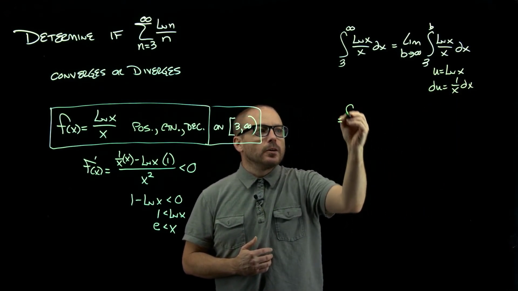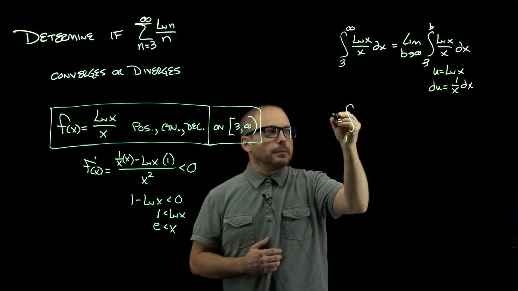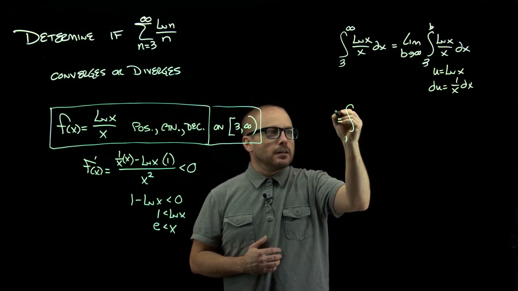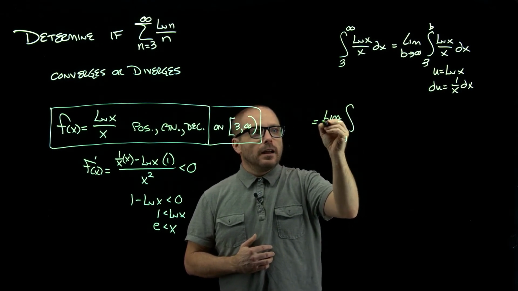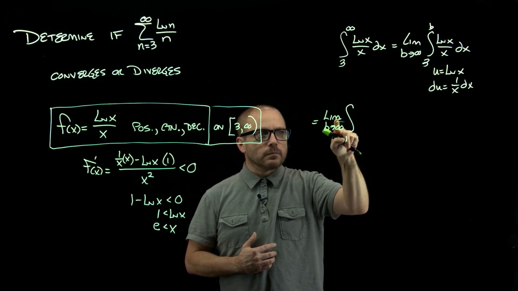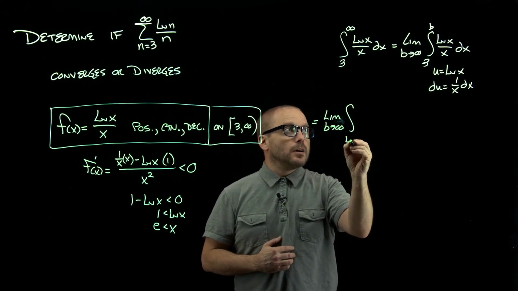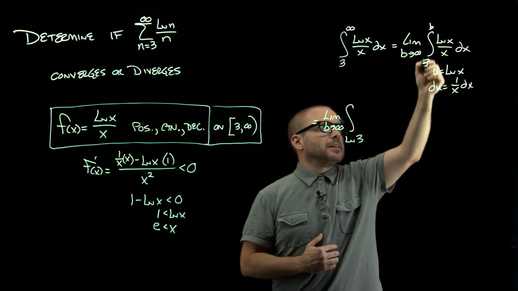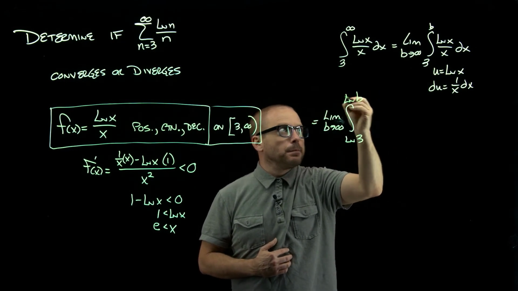And so our integral is now, don't forget our limit, the limit as b goes to infinity of natural log. Remember to switch your limits. These are x limits, so natural log of 3 to natural log of b.